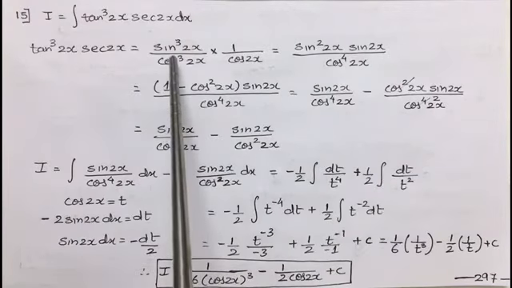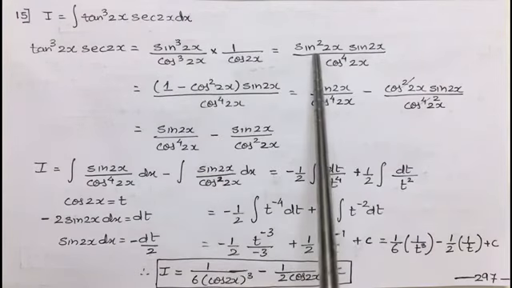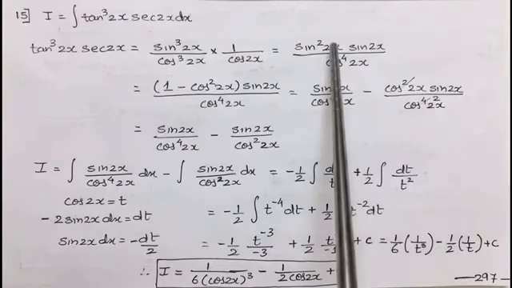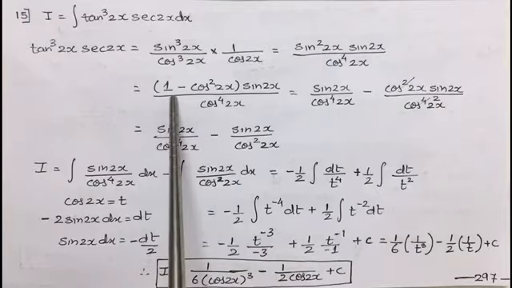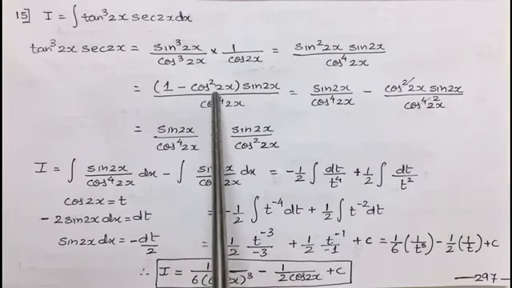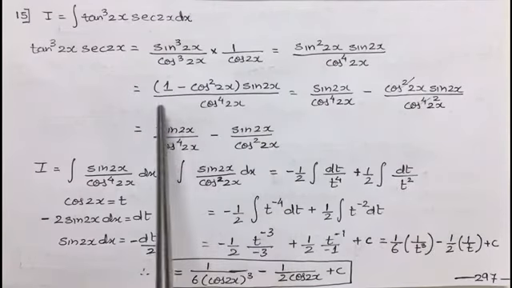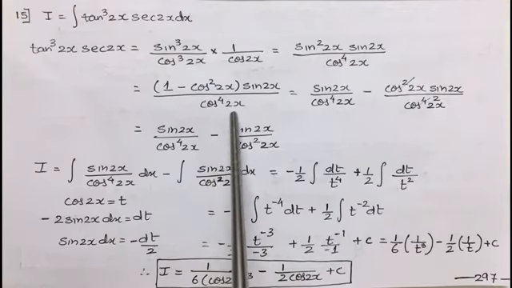Now the reason for separating sin cube 2x into sin square 2x and sin 2x is that in the place of sin square 2x, the identity 1 minus cos square 2x can be substituted, and sin 2x remains as it is, whole divided by cos raised to 4 2x.